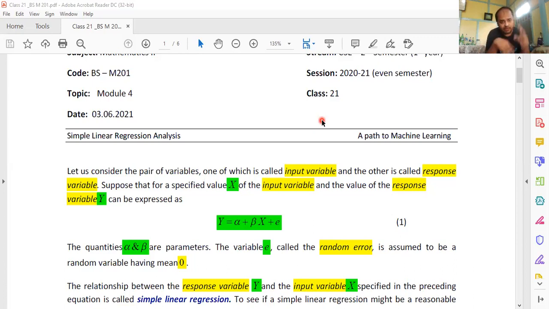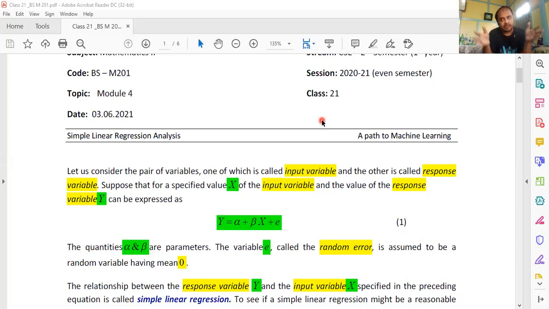Now, after doing some mathematical calculation, we want to find out what sort of relationship exists between them. And if we can find such a relationship, and if that relationship is linear, where the variables are correlated with each other, then such a relationship is called a regression relation.